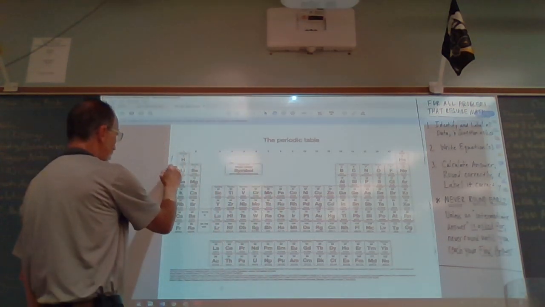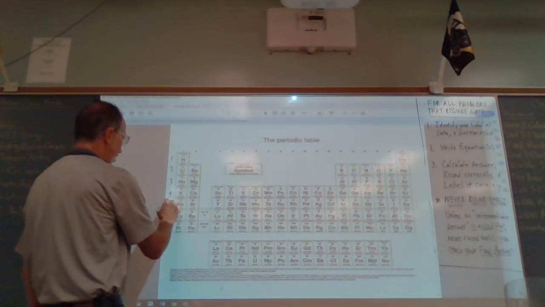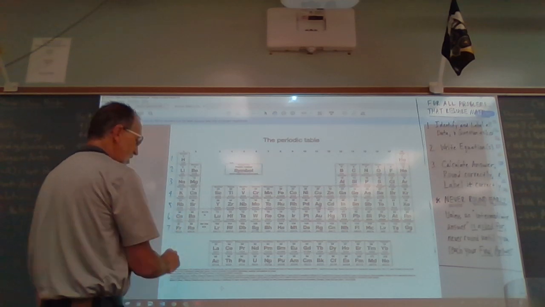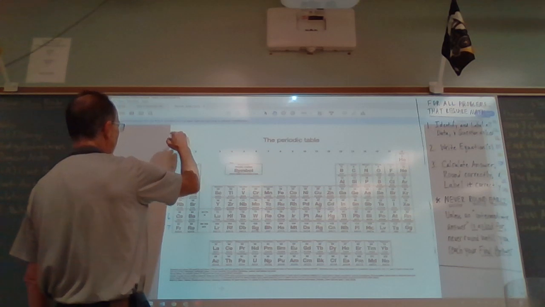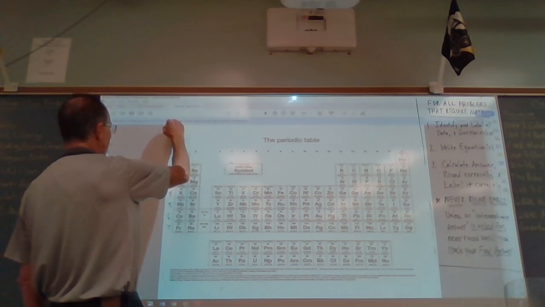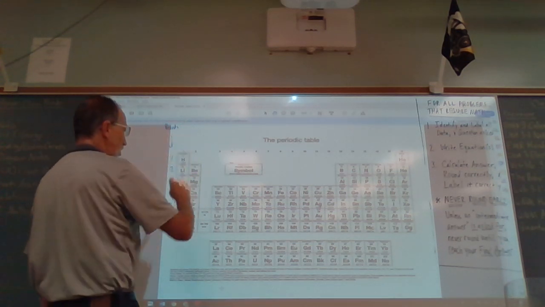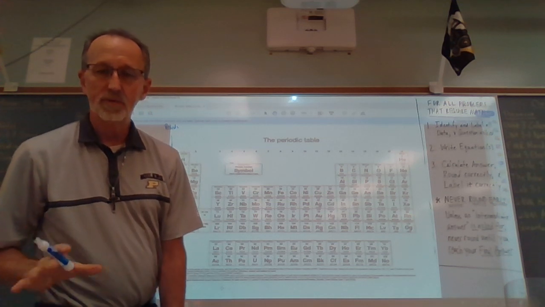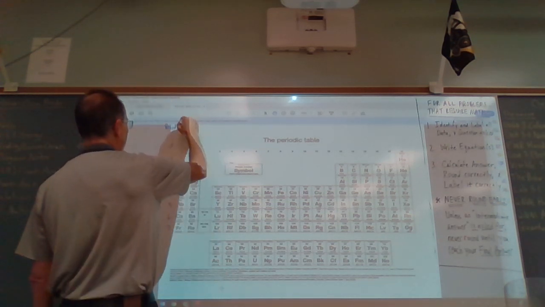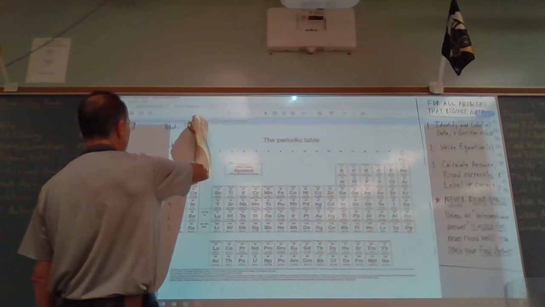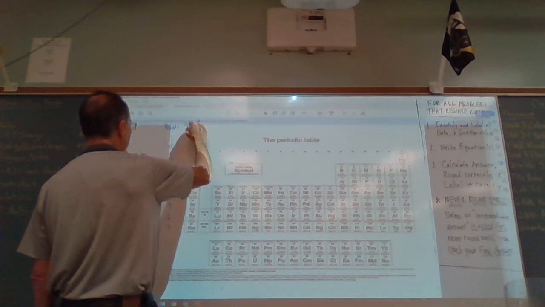So 1, 2, 3, 4, 5, 6, 7. And again, as we've said before, those are the periods. And those represent that every element in that period or horizontal row shares its outermost occupied energy level.